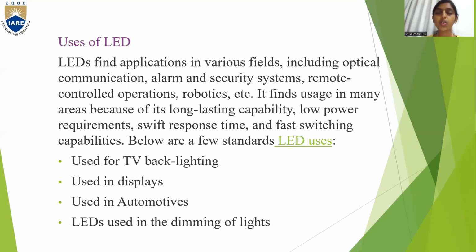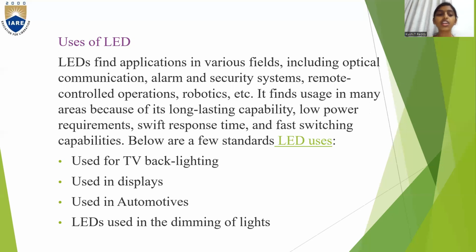So let us know about the uses of LED. LED finds applications in various fields, including optical communications, alarms, security systems, remote controlled operations, robotics, etc. It finds usage in many areas because of its long-lasting capability, low power requirements, swift response time, and fast switching capabilities. Below are a few standard LED uses.